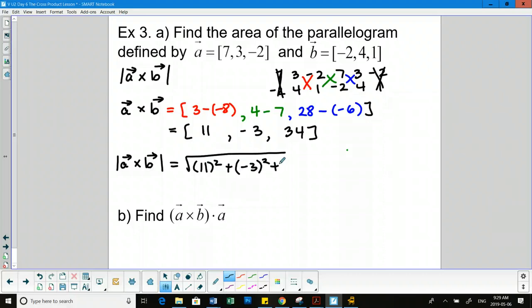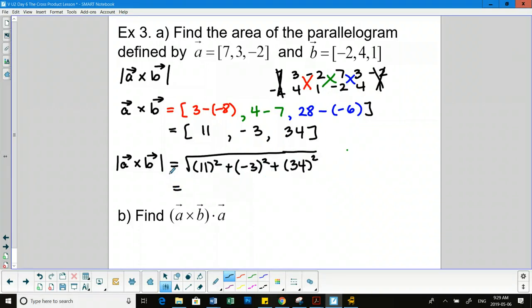If you're going to plug this all into your calculator, make sure that the negative gets included in your squared. Once I square each of these, I should be adding all positive numbers, because anything squared is going to be positive. So you should never be subtracting any values underneath the root here.